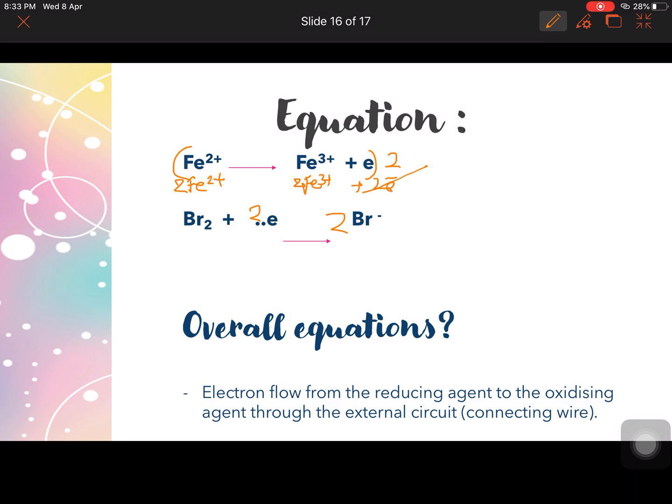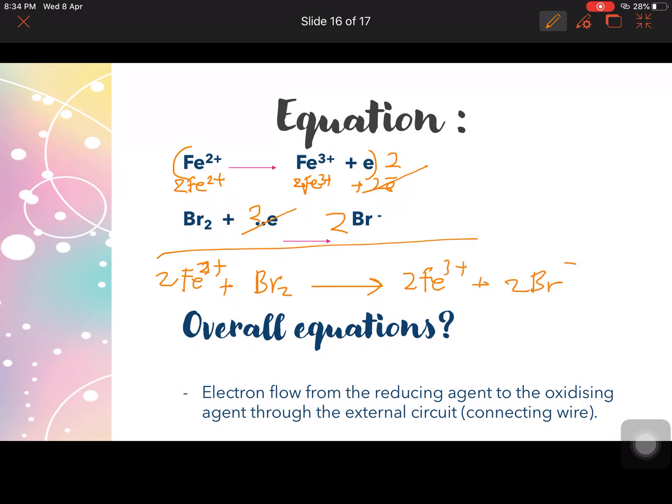So 2 electron sini can cancel out, salin balik. You can have 2Fe2+ Br2 produce 2Fe3+ 2Br-.